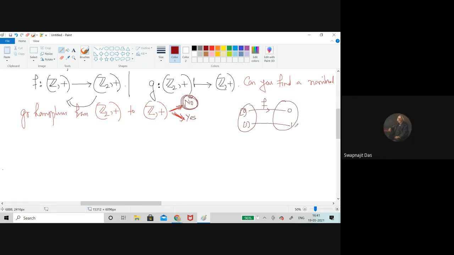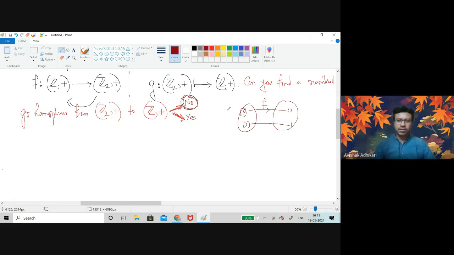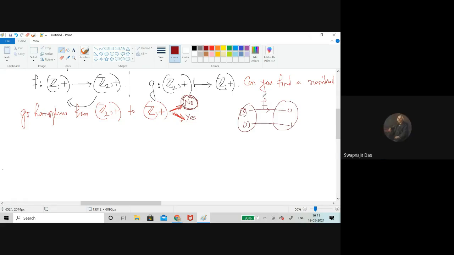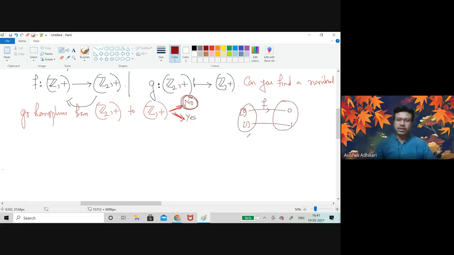Yes, sir. Okay, so you say that 0 equals 1 plus 1. Yes. Then what is the problem?